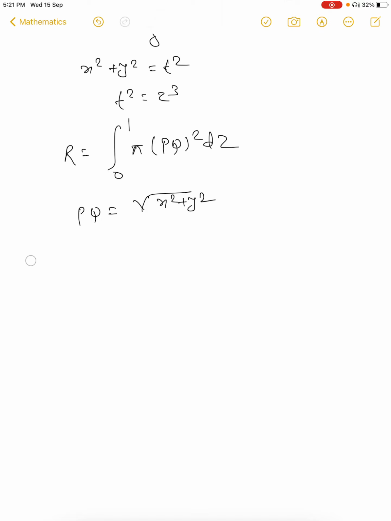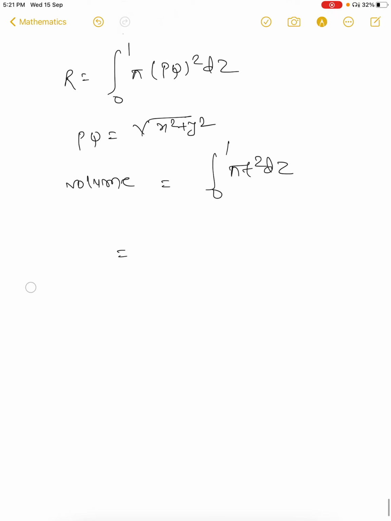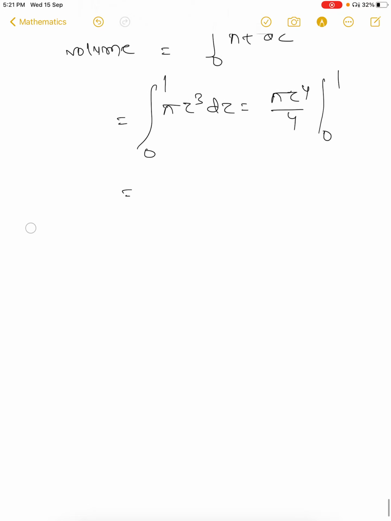That is the integral from 0 to 1 of pi z cube dz, which is pi z to the power 4 upon 4 from 0 to 1, so it will be pi by 4, that is 0.7853. This one will be the right answer.